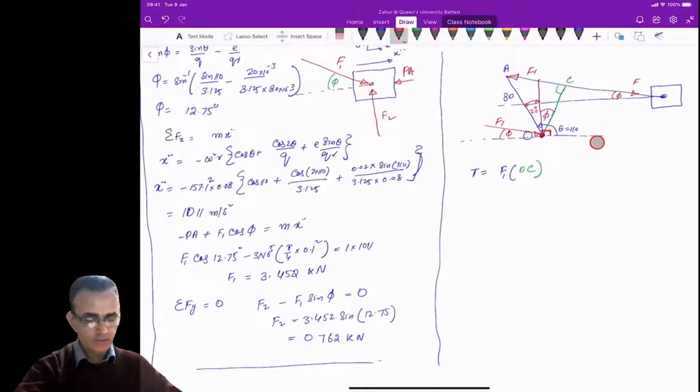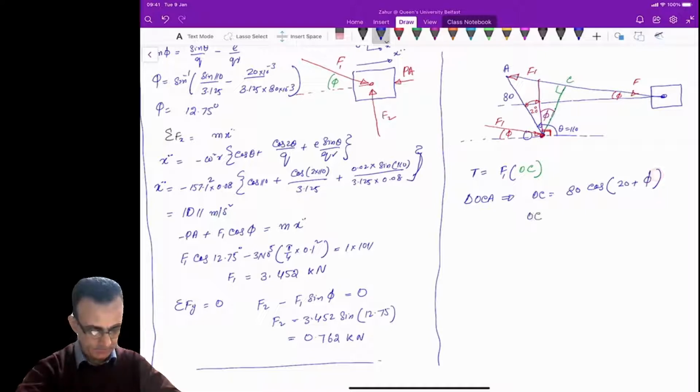If you want to calculate this OC, if you consider this triangle OCA, then OC is just equal to 80 times cos of the angle here, which is 20 plus phi, and obviously we know this phi angle, which is 12.75, which we calculated earlier. So from here, you can calculate the OC.